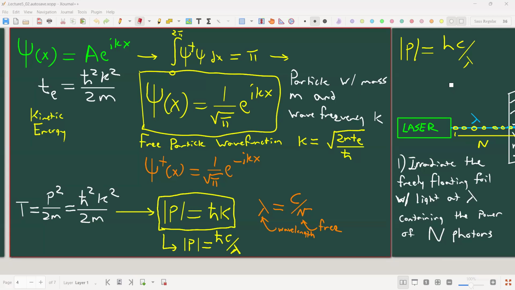This complex wave has two components: a longitudinal component that propagates through space at some momentum h bar k, and an imaginary or transverse component. So it's a wave moving along one direction, but the wave itself has two components.